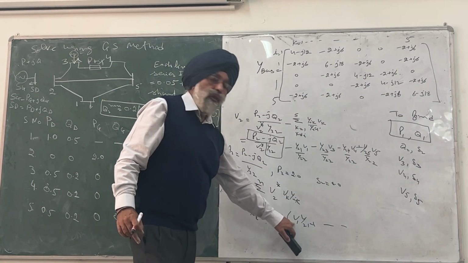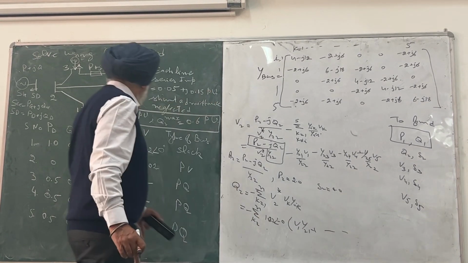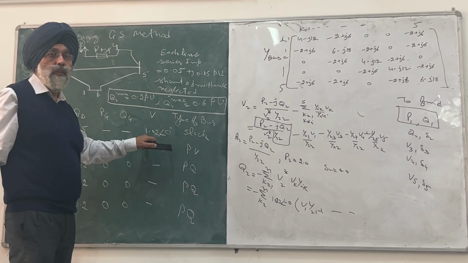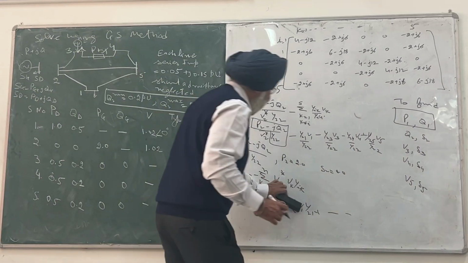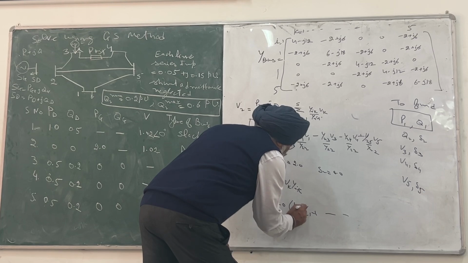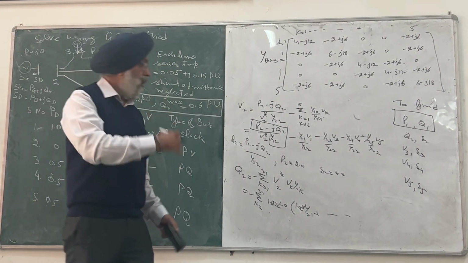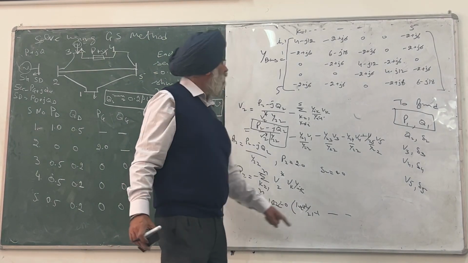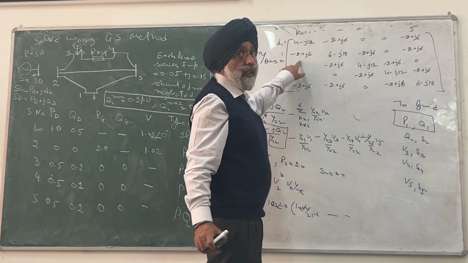V1 value is given to us as 1 angle 0 degree. So this value is 1.0 degree. Y21 is minus 2, 6.